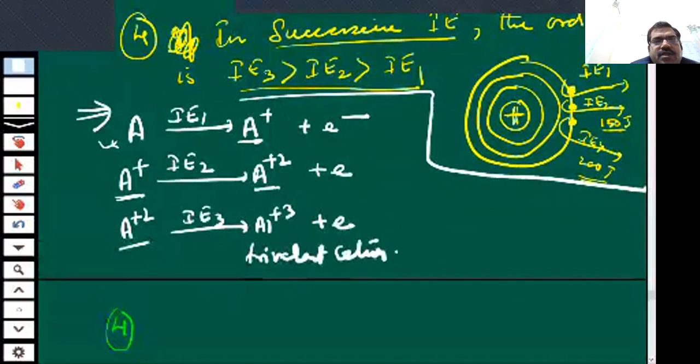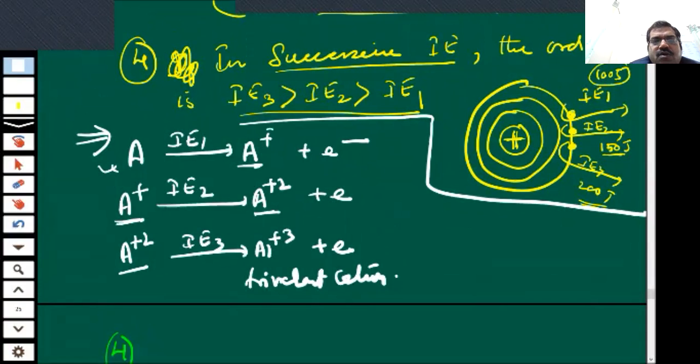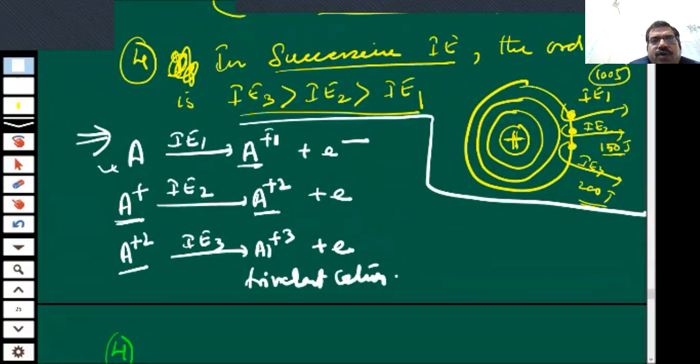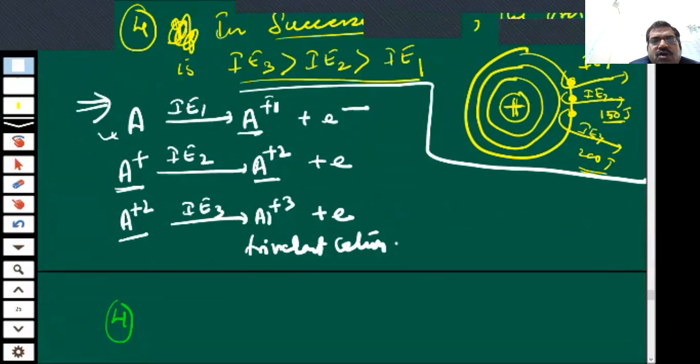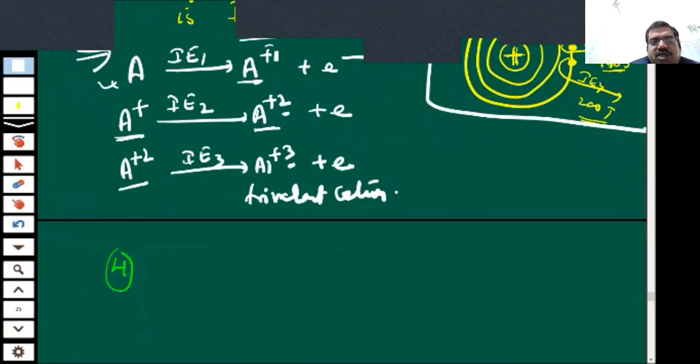And that's why this ionization energy keeps on increasing. When you remove energy like this, it is known as successive energy. And this is known as only one oxidation state. This is known as lower oxidation state. This is known as higher oxidation state. This is known as more higher oxidation state. Okay, lower oxidation state, higher oxidation state, and highest oxidation state. Like this, we can tell.